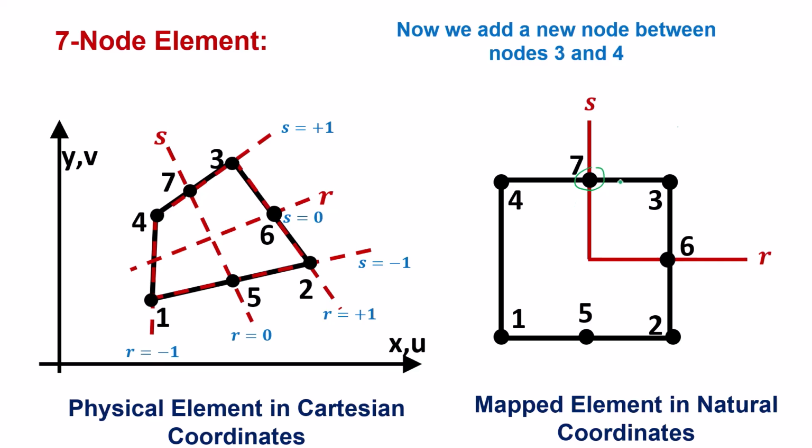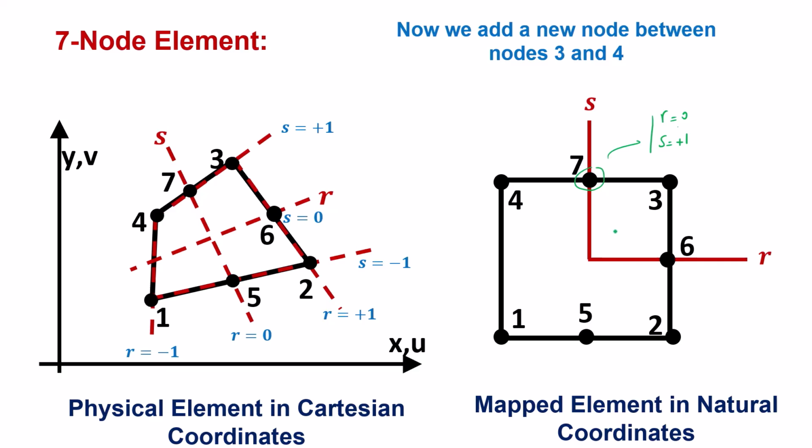Notice that node 7 lies exactly at r equal to 0 and s equal to plus 1. So now along the top edge we have 3 nodes instead of 2. That means the interpolation there is no longer linear. It becomes quadratic, just like we saw for the bottom and right edges in the 5 and 6 node cases.